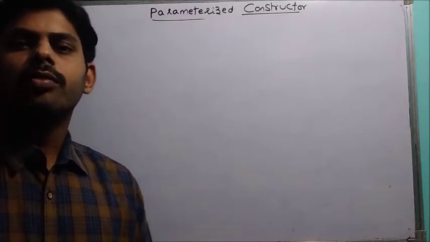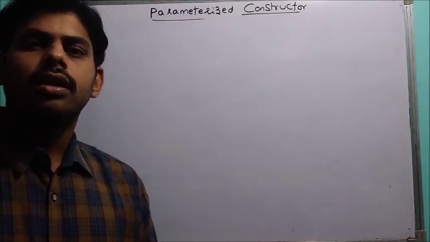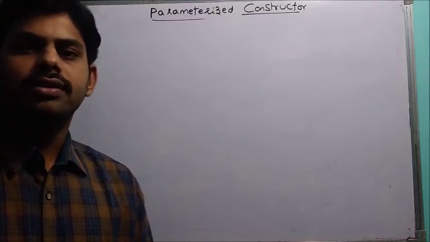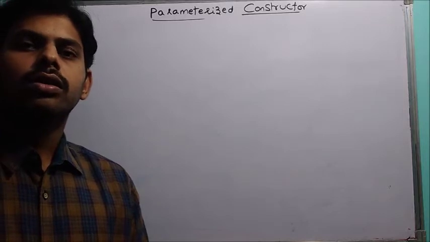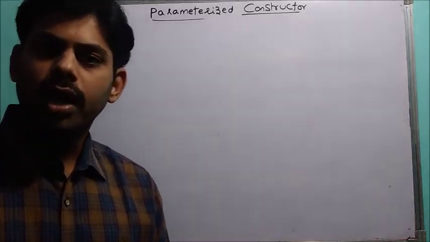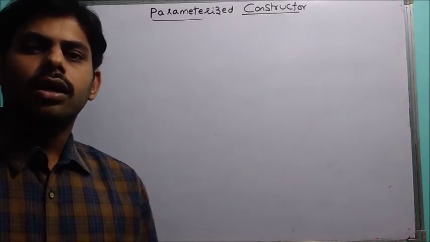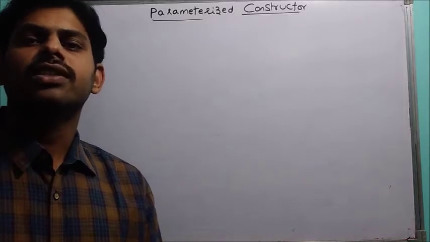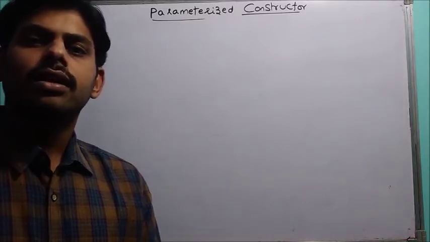For more information about constructors, please see my video, how to implement the constructors. In that video, I have discussed the constructor introduction part, how to define a constructor, and how many types of constructors there are.